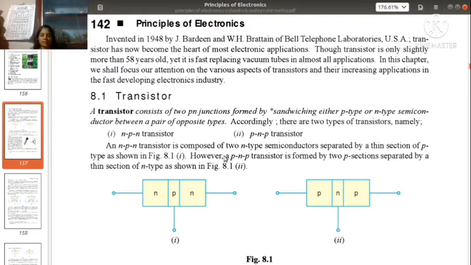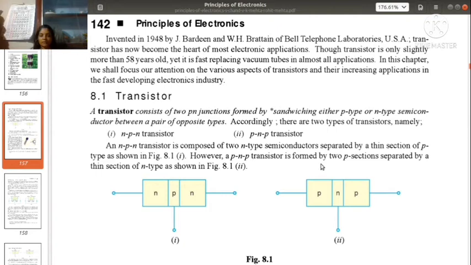An Npn transistor is composed of n-type semiconductors separated by a thin section of p-type, as shown in the figure. The middle region is p and both ends are n-type. That's why Npn. In Pnp transistors, both end regions are p-type and the middle is n-type. So Pnp.